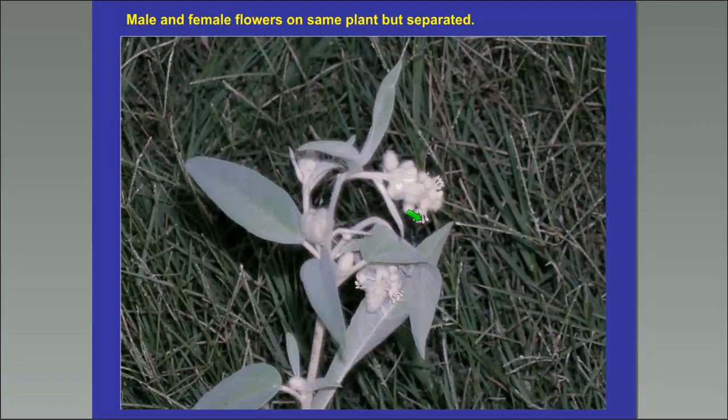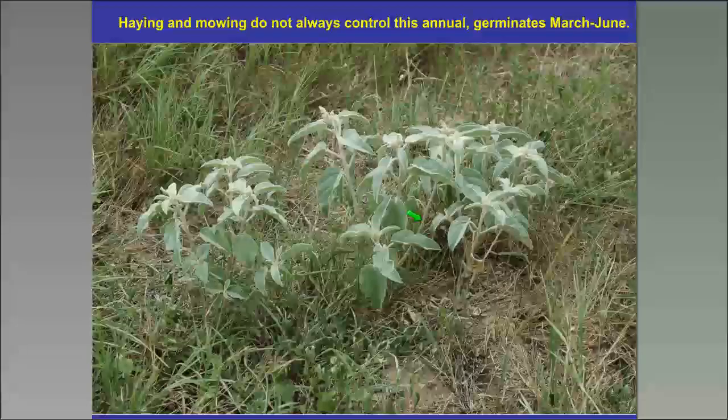So again, the Euphorbiaceae flowers can be separated across plants, they can be separated on the plant, or they can be separated by a staminodium, a columella that we saw in the genus Euphorbia. So again, increasing cross-pollination. So how big does the woolly croton get?